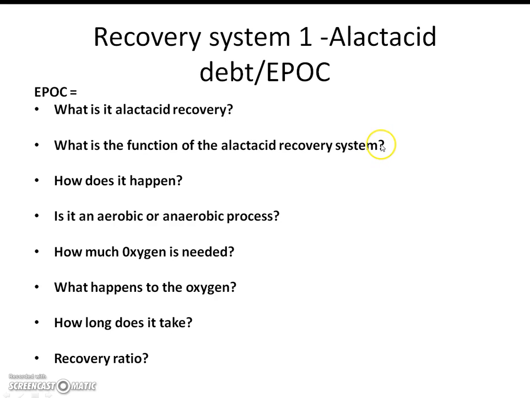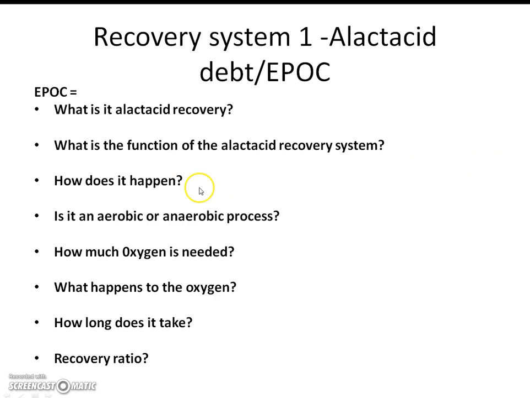So the function of the alactacid recovery system is to replenish or resynthesize ATP and PC stores, and it does this via EPOC. So EPOC is used to resynthesize ATP and PC stores. That is the first bit of information you need.